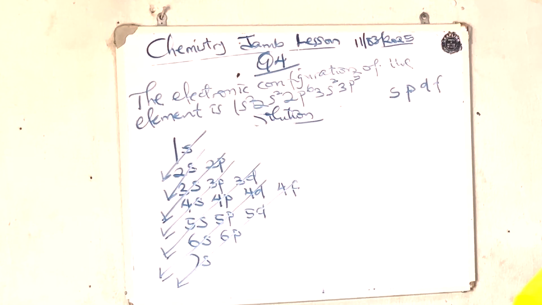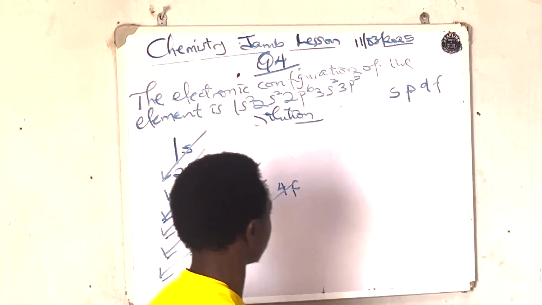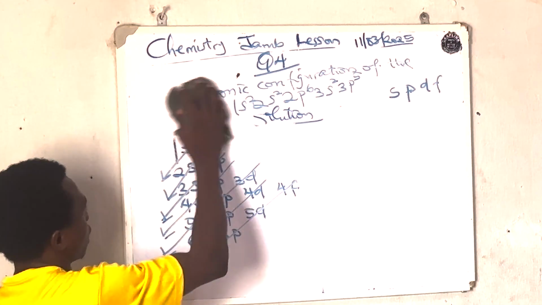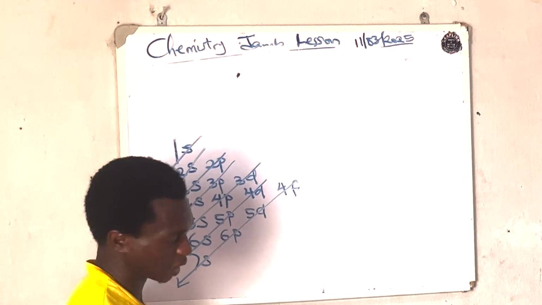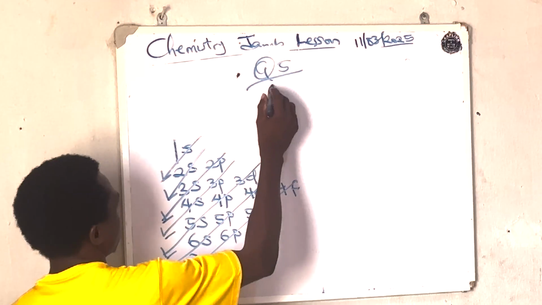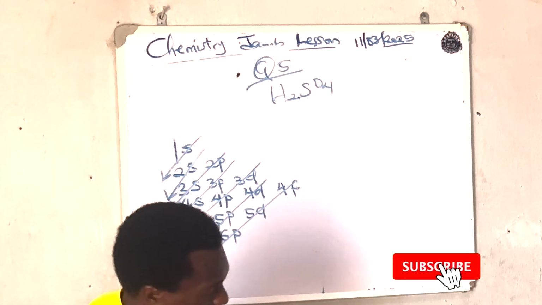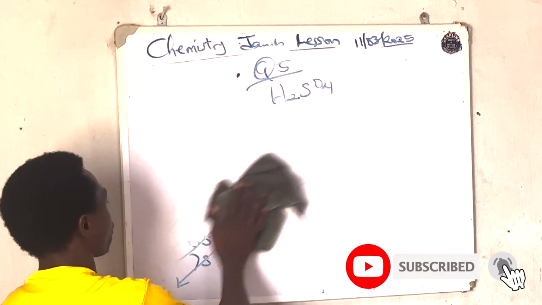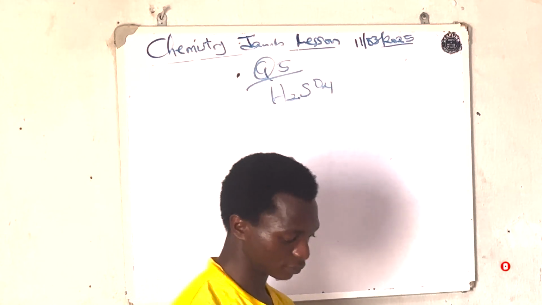Because of the oxidation number of the sulfur atom in the compound. How do we perform that? Remember, this is the last question for this class. Question 5. The compound is tetraoxosulphate VI, and we have to find the oxidation number of sulfur in the compound.